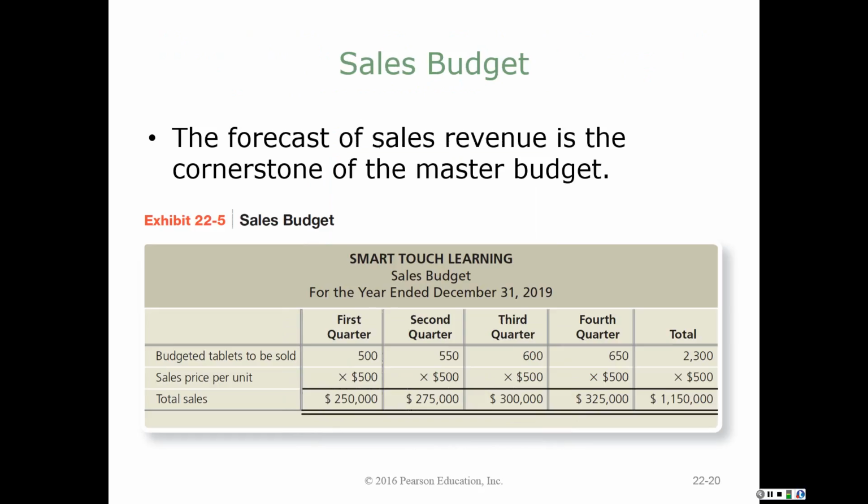The sales budget. Your text tells you that this is the cornerstone of the master budget. This is where our marketing people and our salespeople are crucial and critical to the success of the budget, because this is where we begin. And if sales increase, then production cost increase, administrative cost will increase.